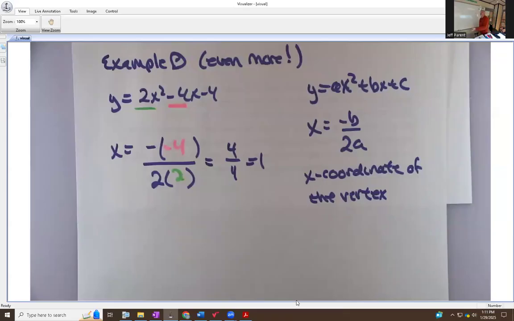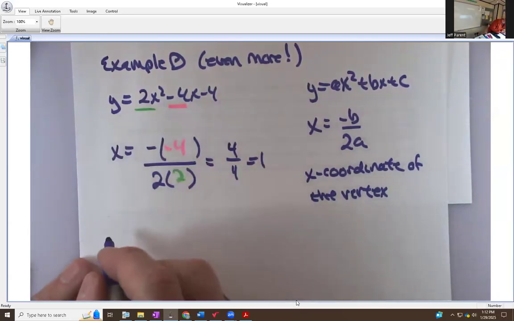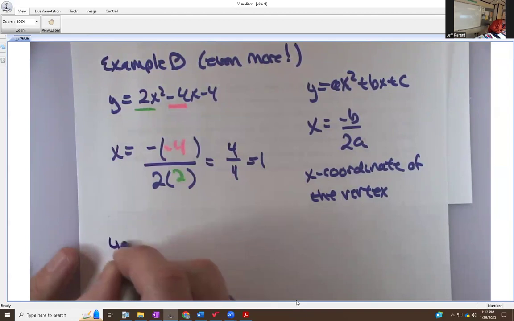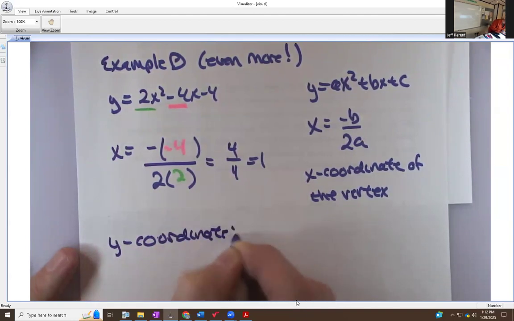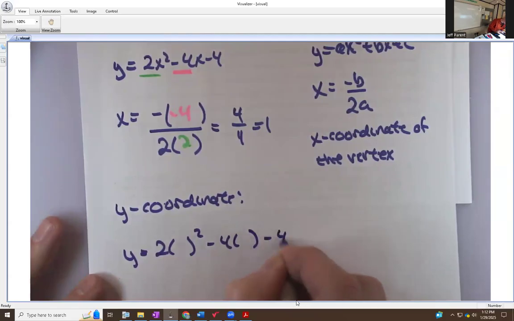But typically speaking, you need both coordinates. You need the x and y coordinate. So what would I do to get the y coordinate? Put in 1 for x and y equals 2x squared minus 4x. So there's your x coordinate. Your y coordinate is just going to be y equals 2 times 1 squared minus 4 times 1 minus 4.